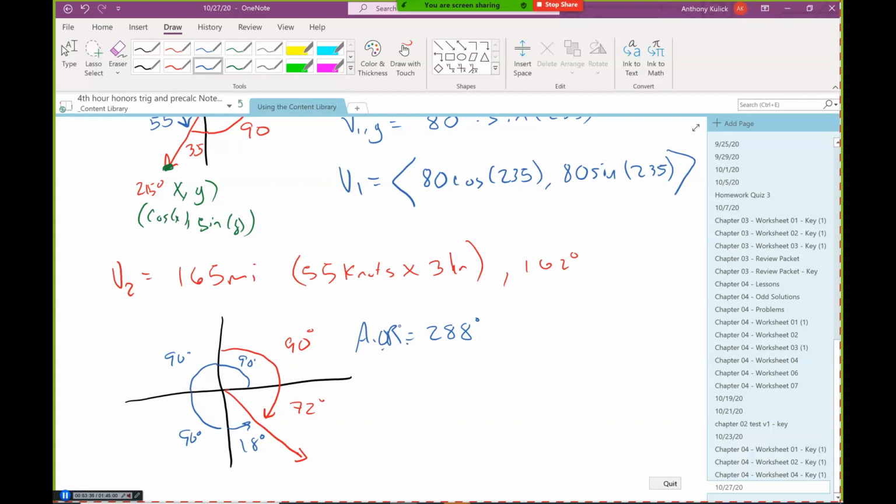It's the complement of 72. It's the complementary angle to 72 because 18 and 72 make 90, because we know one full quadrant is 90 degrees. Is that okay?